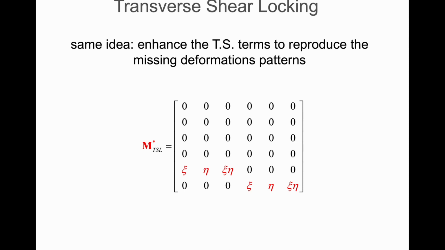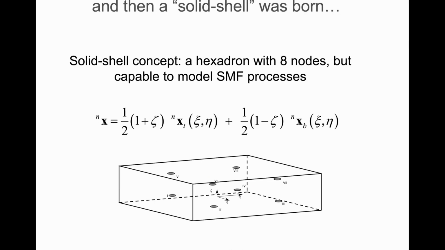So that will give you basically what an element like the C3D8I has. An element like the C3D8I is what we call a solid shell. Well, it's not as good as the one I'm going to present, but the concept is the same. So basically we are going to have a solid element fully integrated, but that is capable of performing well under incompressibility and under low thickness problems.